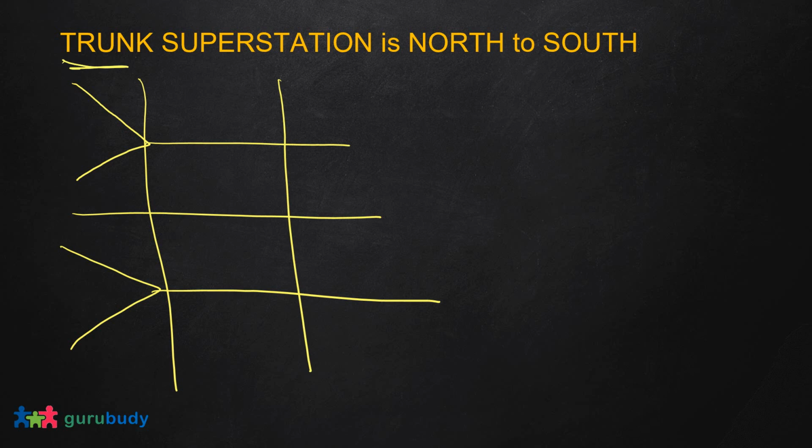For the trunk, "Superstation is north to south". In this one, let's name this C5, C6, C7, C8, T1.